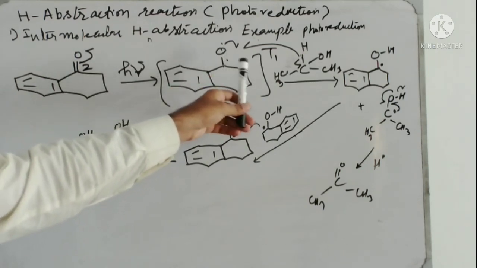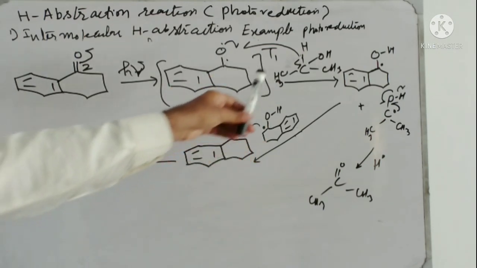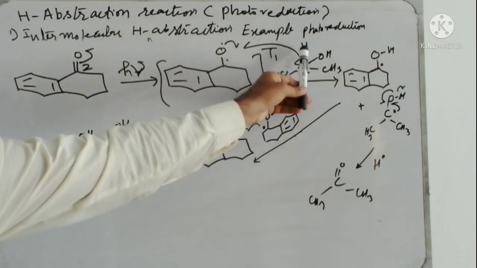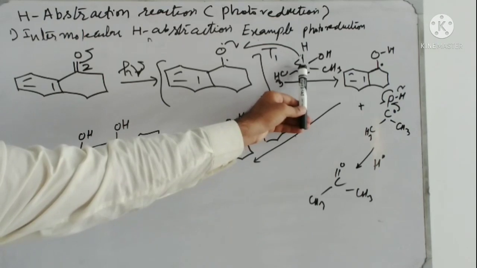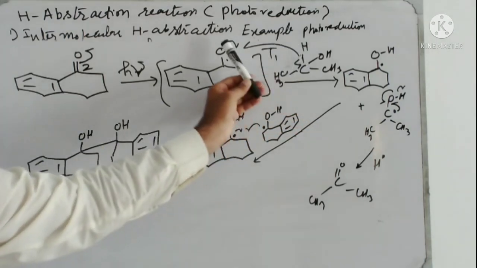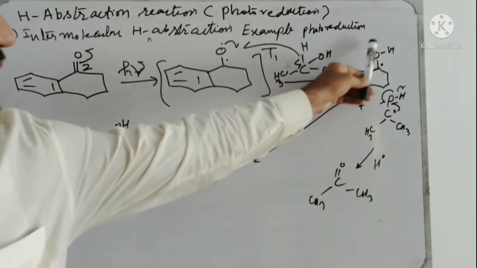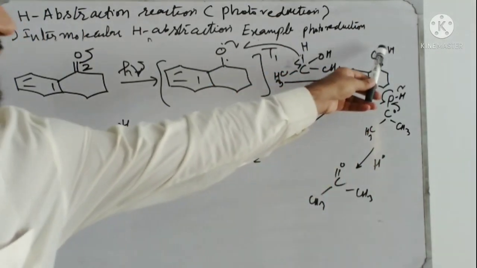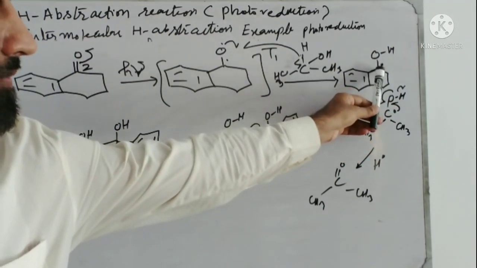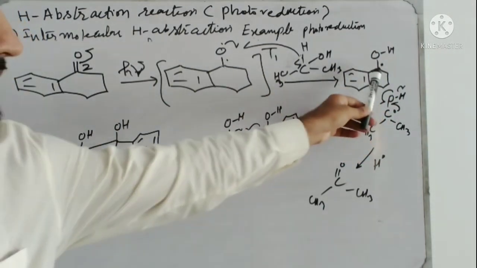This alkoxy radical abstracts hydrogen from isopropanol. The CH bond of isopropanol undergoes homolytic cleavage, and this hydrogen radical and this oxygen radical form a single covalent bond between the oxygen and hydrogen atom, and we get one radical here on this carbon.